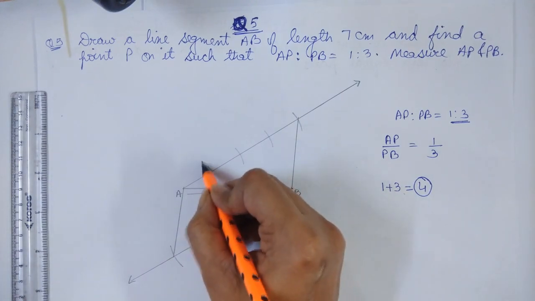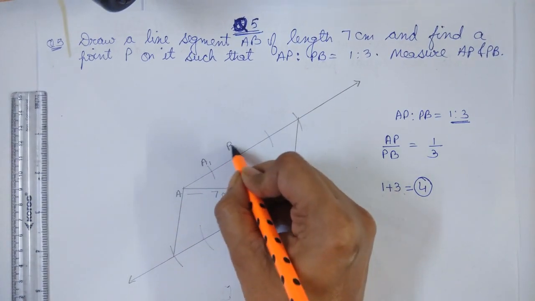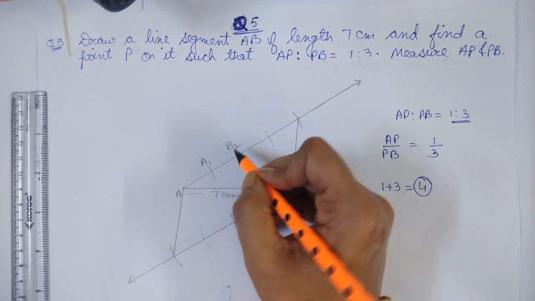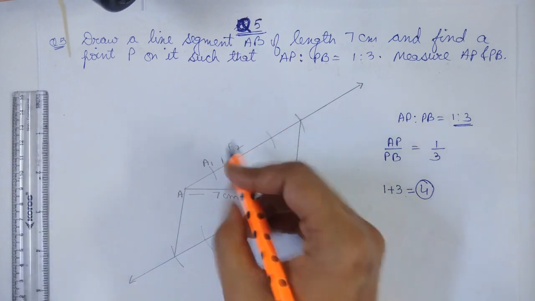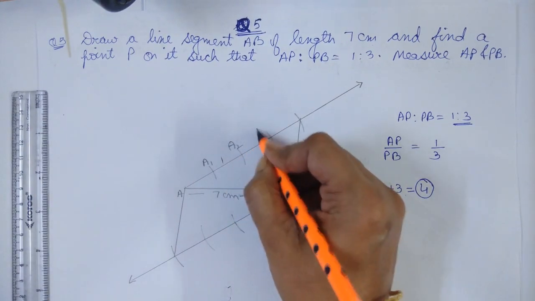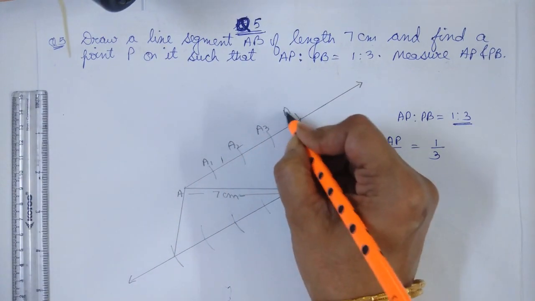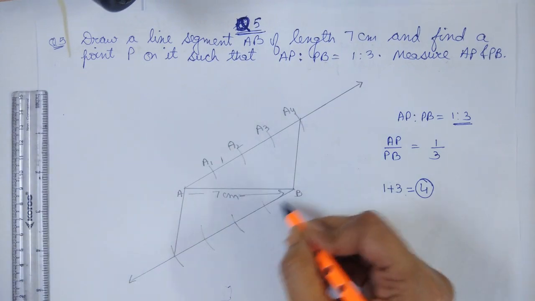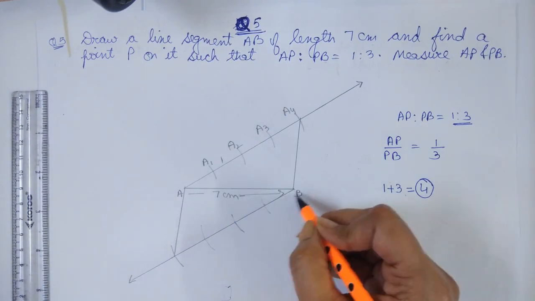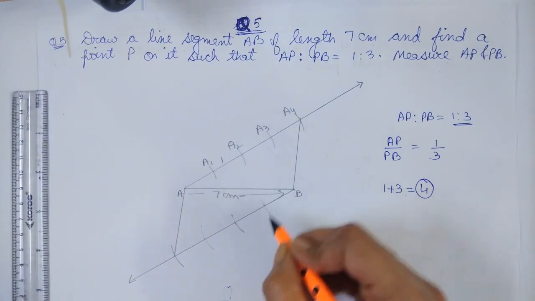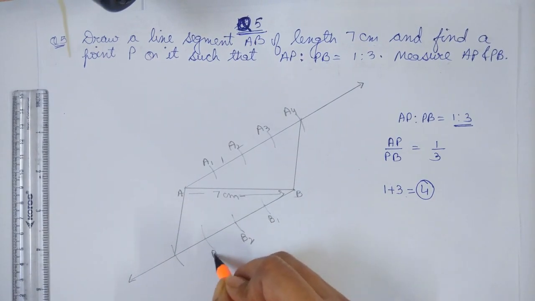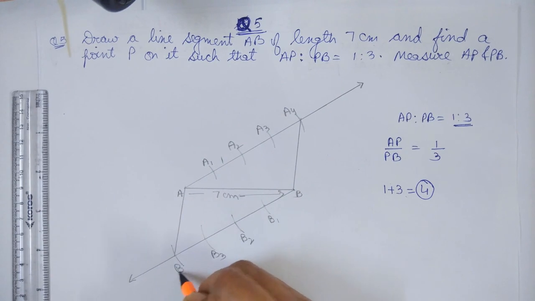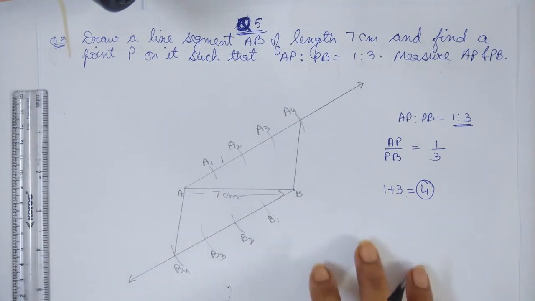So first of all, name it A1, A2, A3 and A4. Now from this side, this is B, you will write B1, B2, B3 and B4.